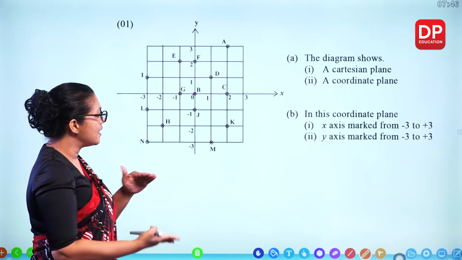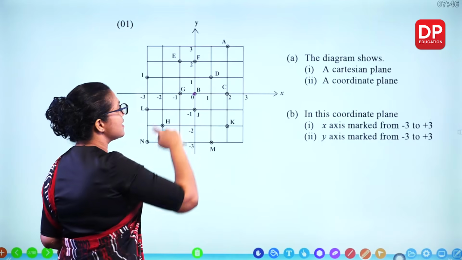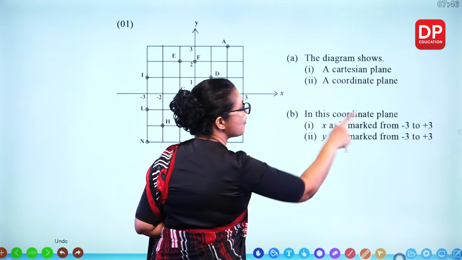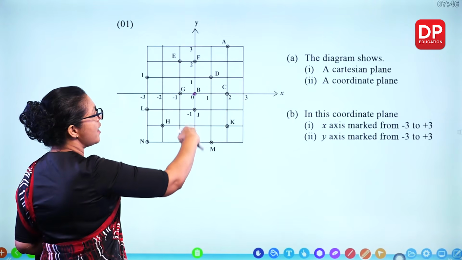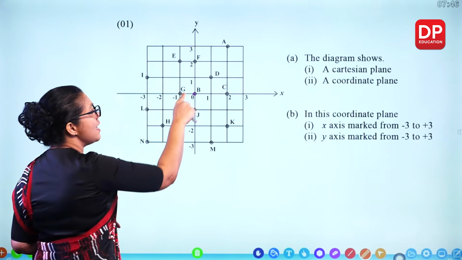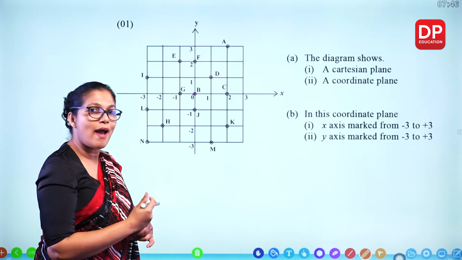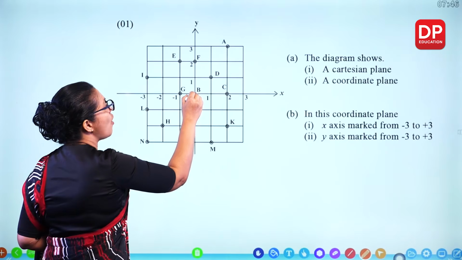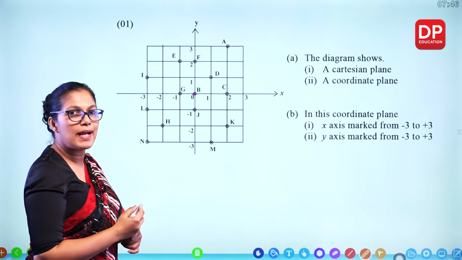So you can take any number of units depending on your graph. The intersection point of the two axes is the origin of the coordinate plane.